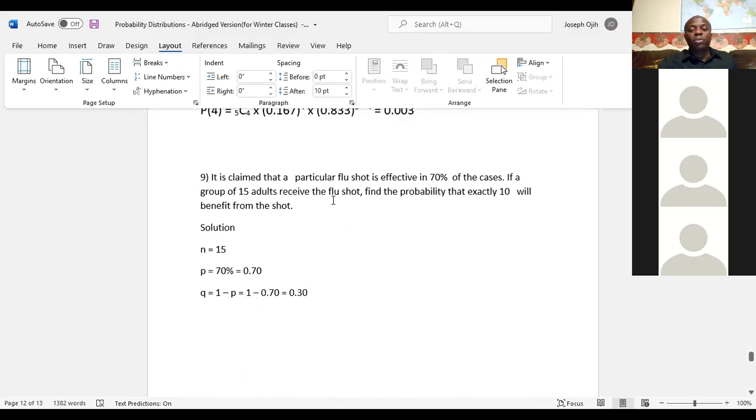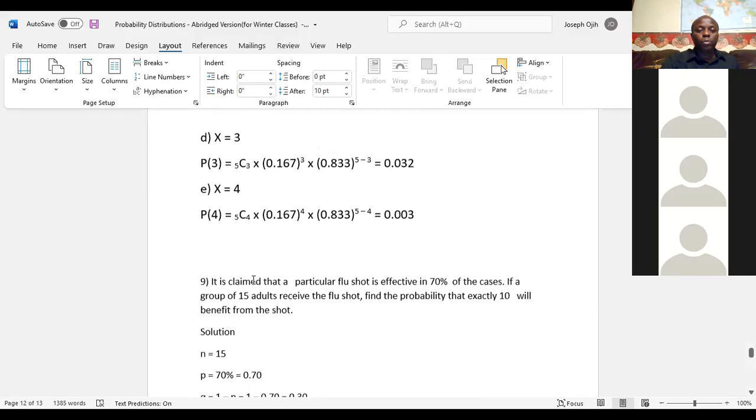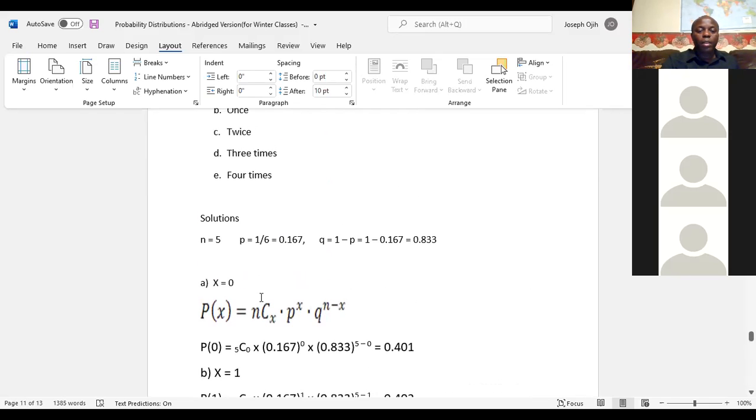Now, the question they ask us is, if 15 adults receive the flu shot, find the probability that exactly 10 will benefit from the shot. So our X is 10. To find the probability that exactly 10 receive it, we use the formula for the binomial.